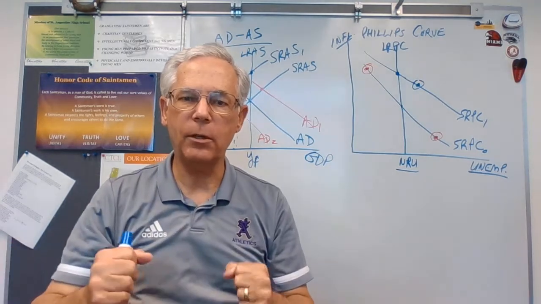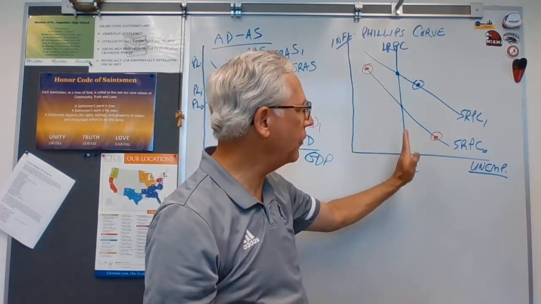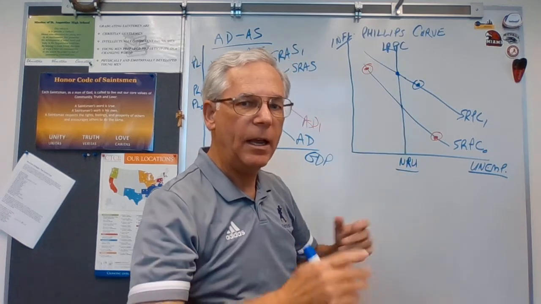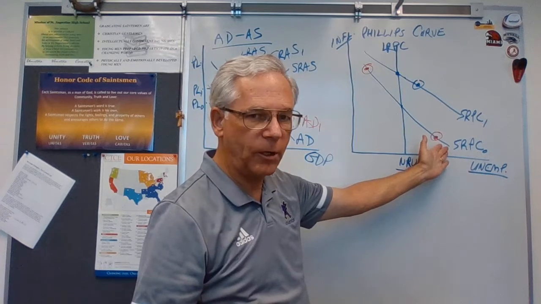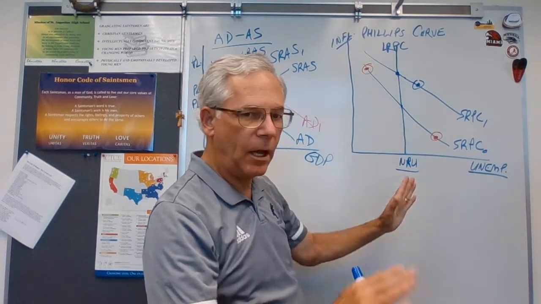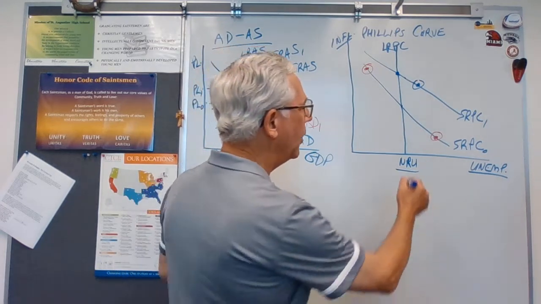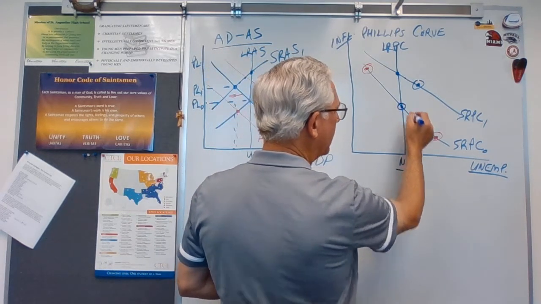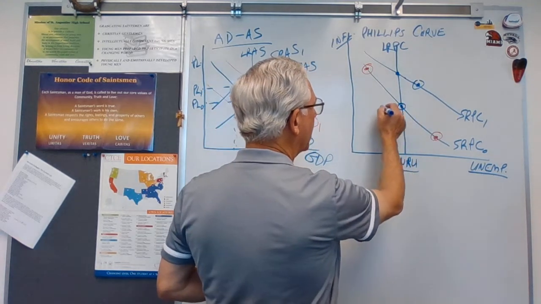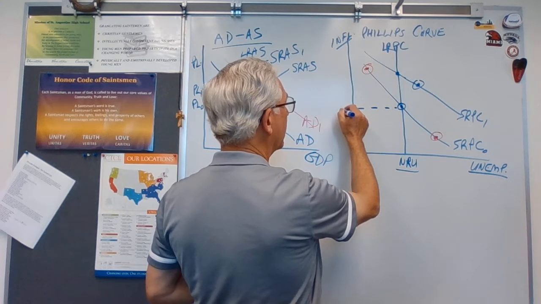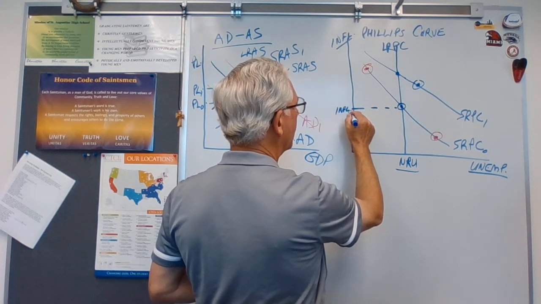Now, here's something that you really need to make a note of. Wherever the short-run Phillips curve crosses the long-run Phillips curve, given that time era, so this was the previous short-run Phillips curve, if the economy had been operating at full employment and everything had been running smoothly, we would have been operating right there at the natural rate of unemployment. And this would have been our rate of inflation, okay? So INFL0, we'll call it.